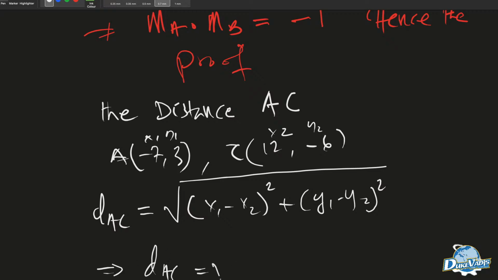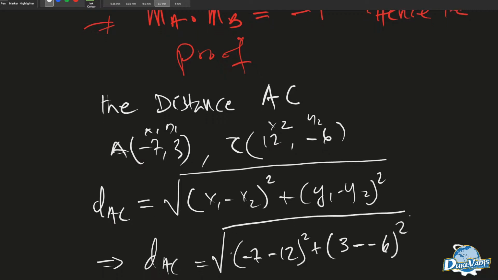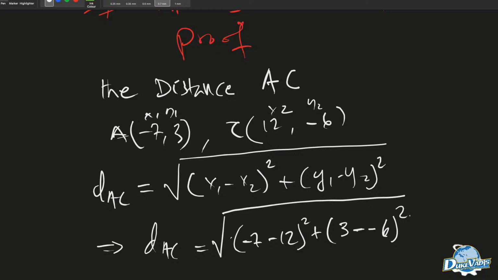So x1 is -7, so -7 minus 12 squared, plus y1, which is 3 minus -6 squared, and all with the square root sign on top of it. So guys, you getting it?